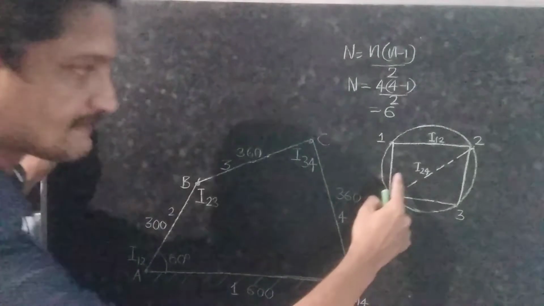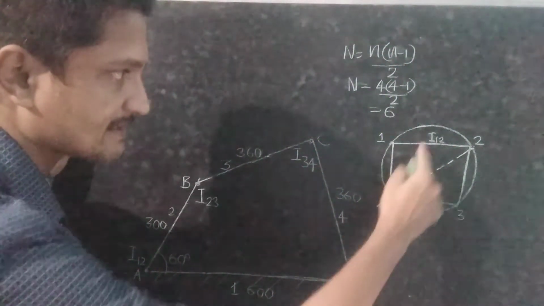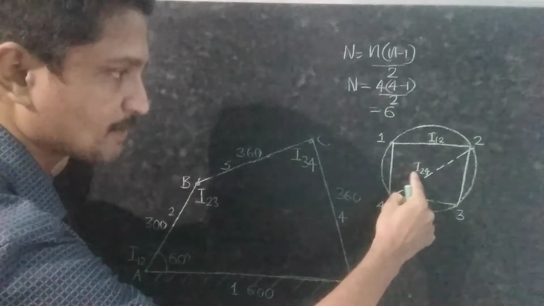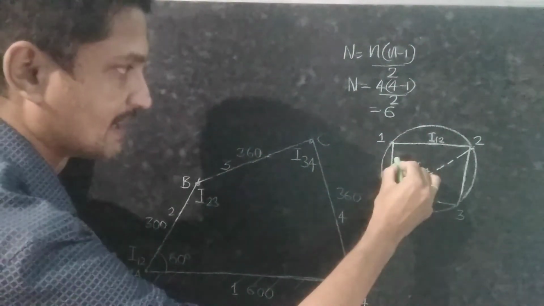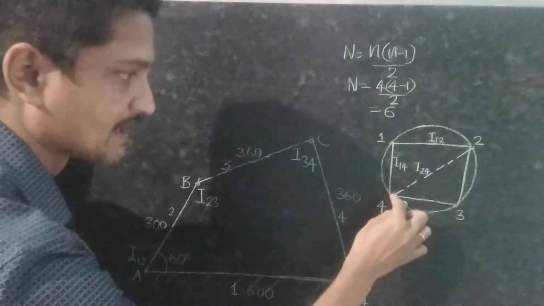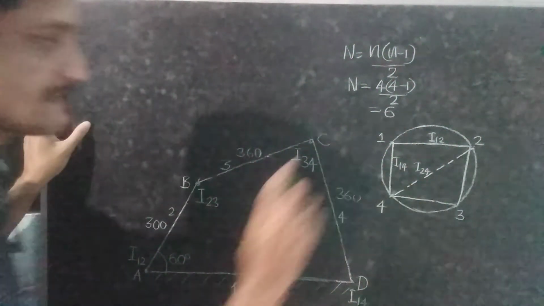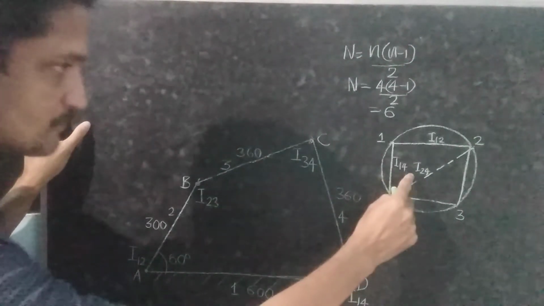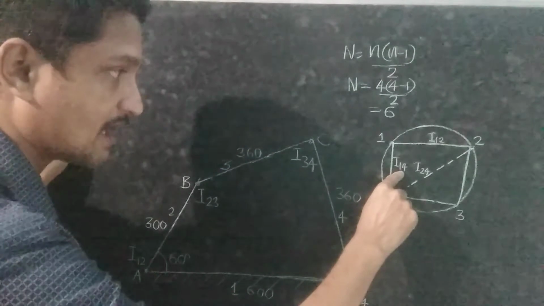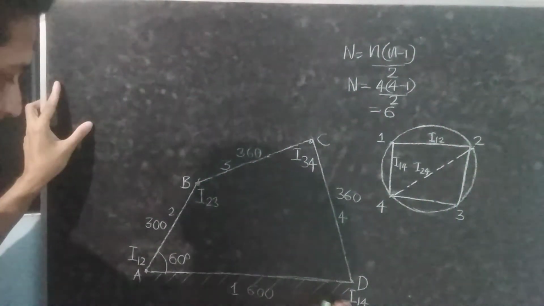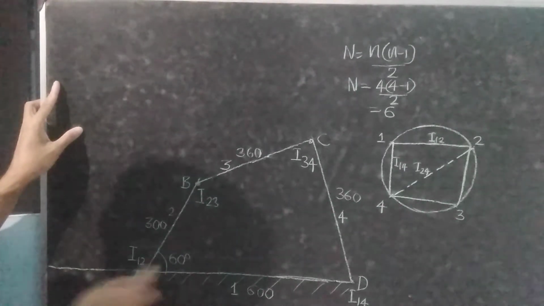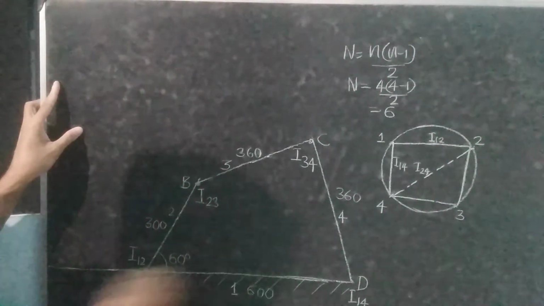Then we can say that the instantaneous centers I12, I14 and I24 must be on a straight line. That means I24 must be in a line which is connecting I14 and I12. This I24 must be on this particular line.